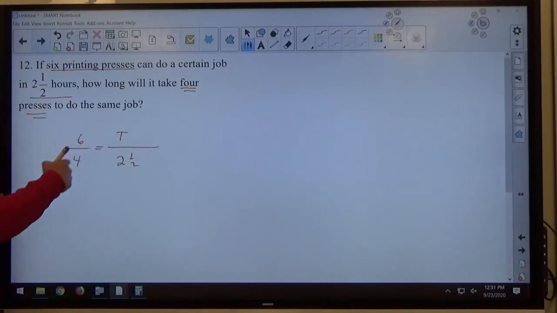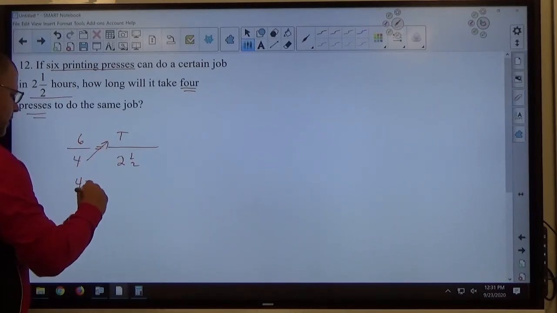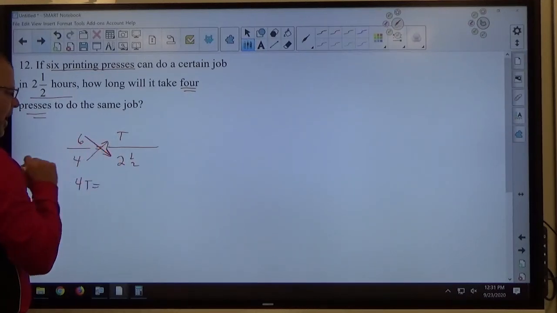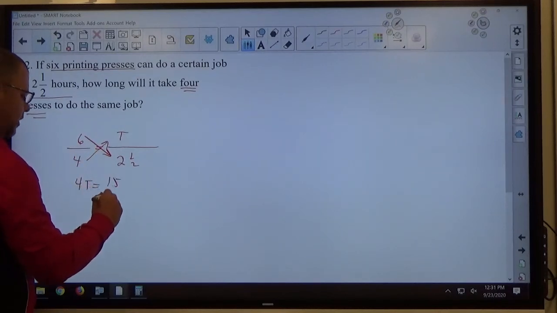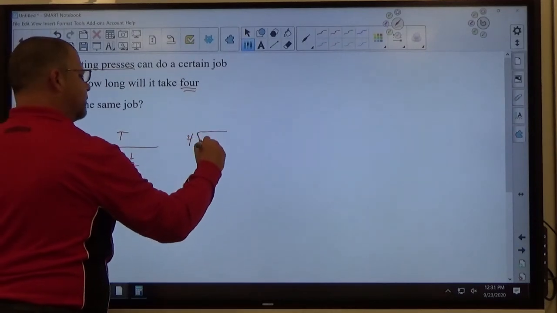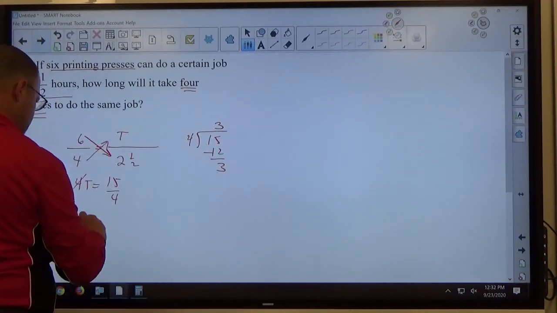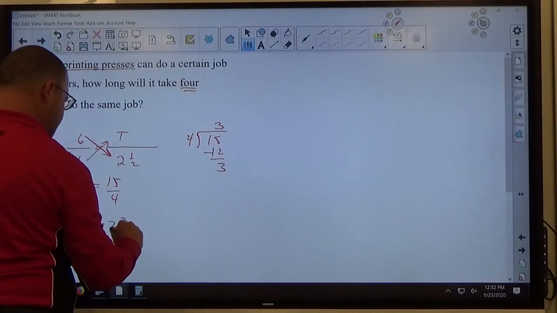Inverse, they invert, so you're going to have them diagonal to one another. Now if I cross multiply, I get 4 times t equals 6 times 2 1/2. That'd be 15. Divided by 4. Once again, this is a mixed number, so a mixed number seems appropriate for this one. 4 goes into 15 3 times, remainder 3, so t is equal to 3 3/4 hours.